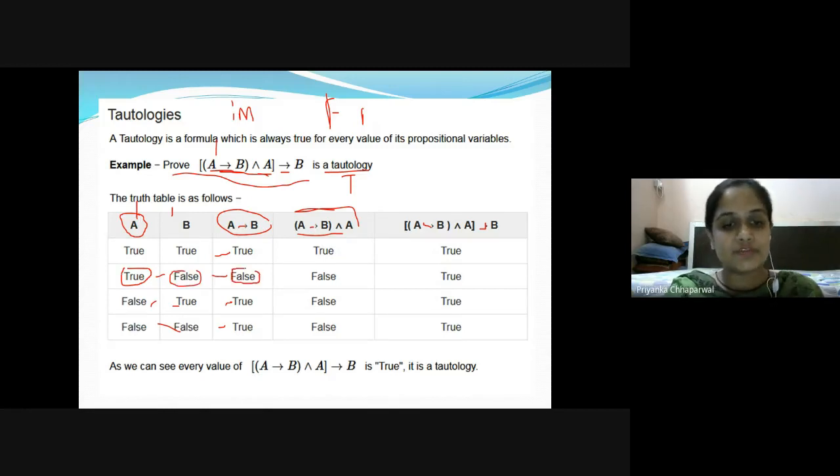And in the other conditions the answer is always true. So then you find a imply b intersection a. So means this one and this one: true true true, true false false, false true false, and false false false.